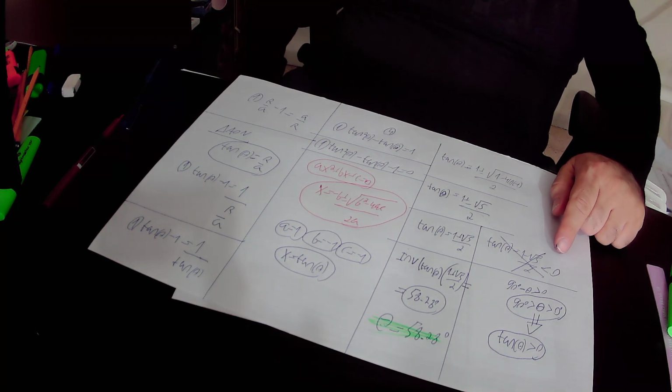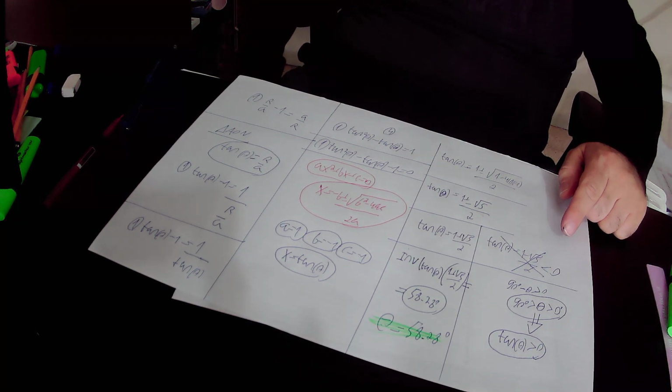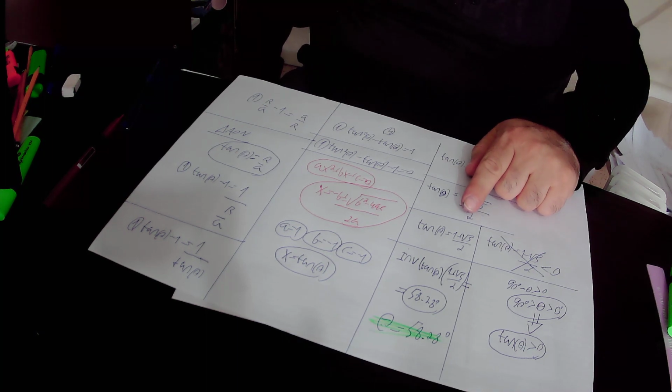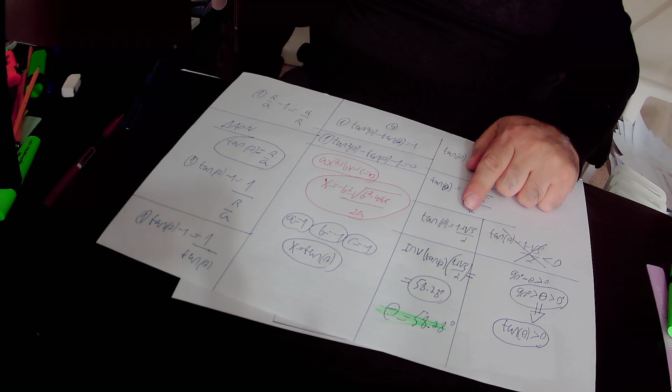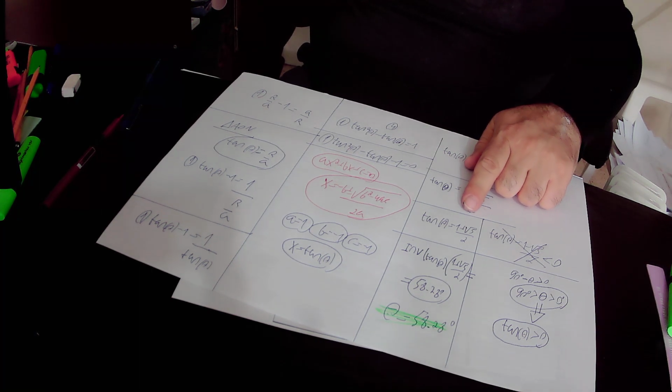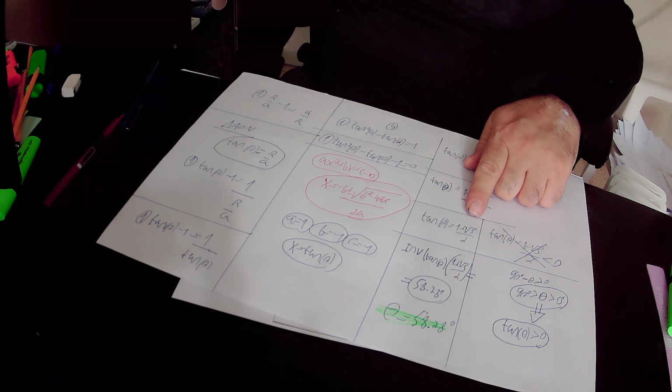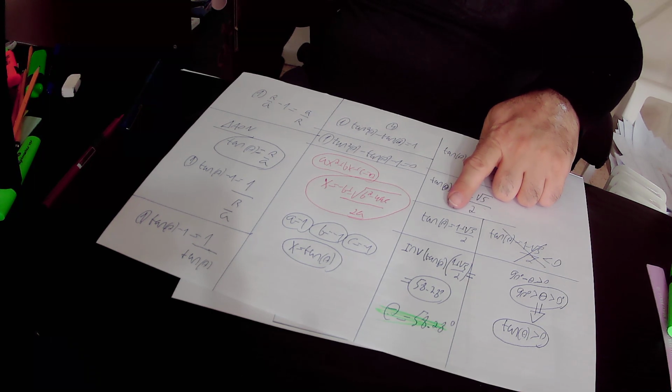We cancel this solution and we are left only with the solution that tangent theta equals 1 plus square root of 5 over 2. So if tangent theta equals 1 plus square root of 5 over 2, we will apply the opposite function of tangent on the result, and we will find the value of theta itself.